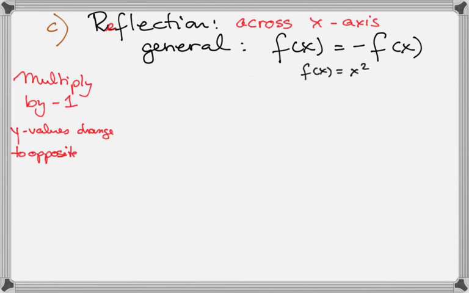Okay, a reflection. Next transformation, a reflection across the x-axis. You multiply by a -1. That's called a reflection across the x-axis.